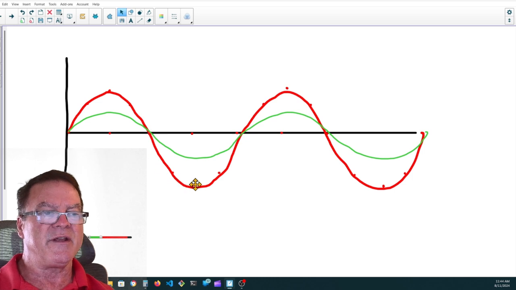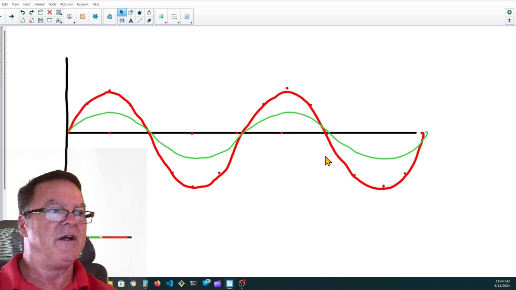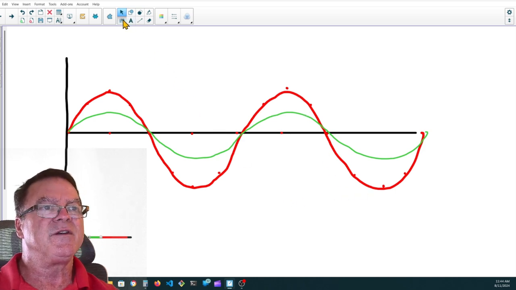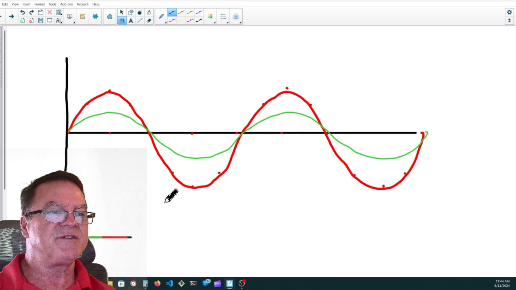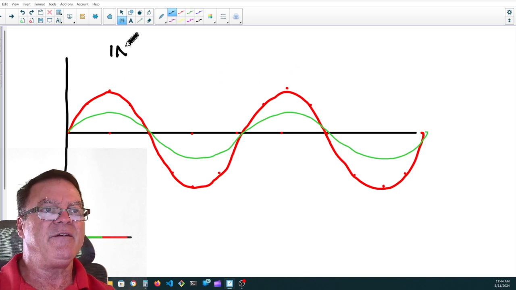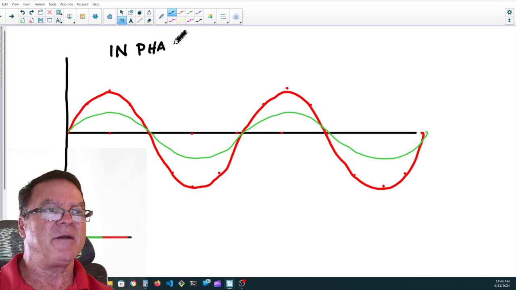They reverse polarity at the same time, and they peak and they fall to 0. So these two waveforms are said to be in phase, meaning they're happening at the same time.